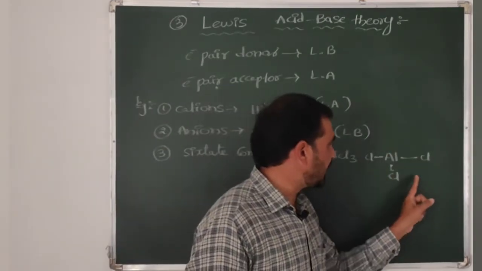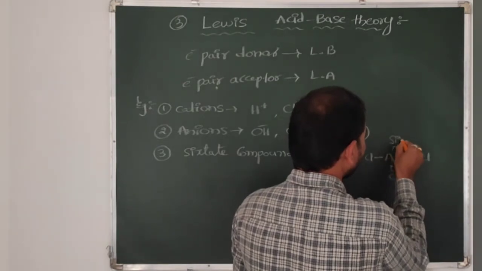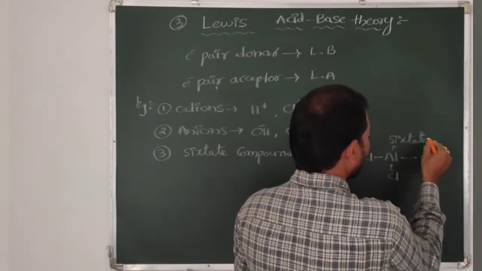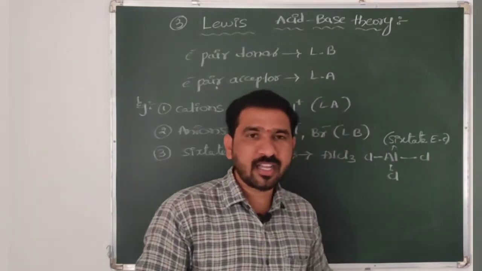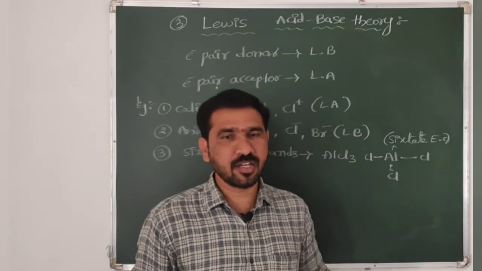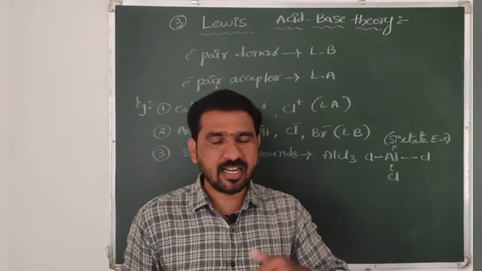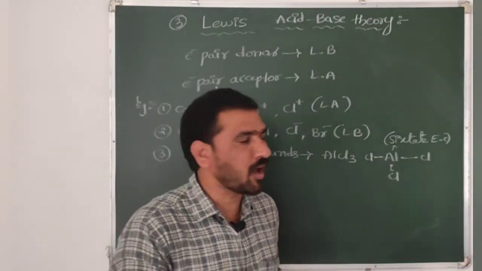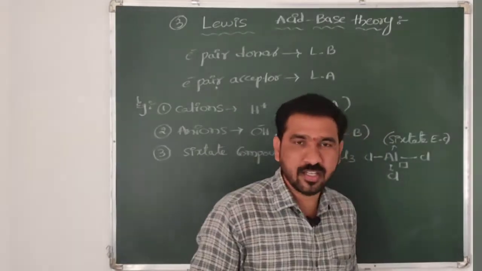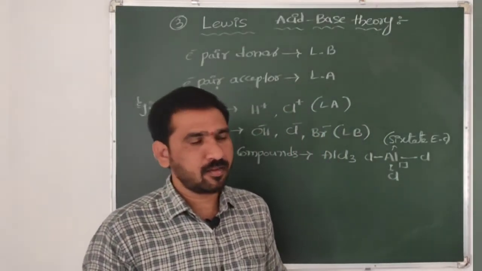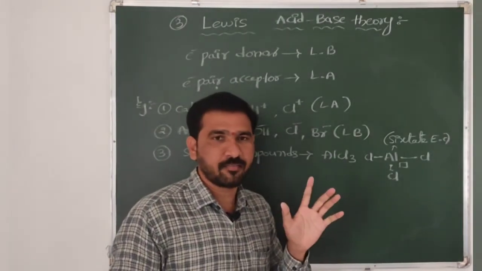So in this AlCl3, aluminium is in a sextet electronic configuration, which is less stable. To attain an octet configuration, aluminium requires 1 pair of electrons, so it readily accepts electrons from a donor. To accept electrons from a donor, aluminium needs to contain 1 empty orbital. So this is a Lewis acid. Is it clear?